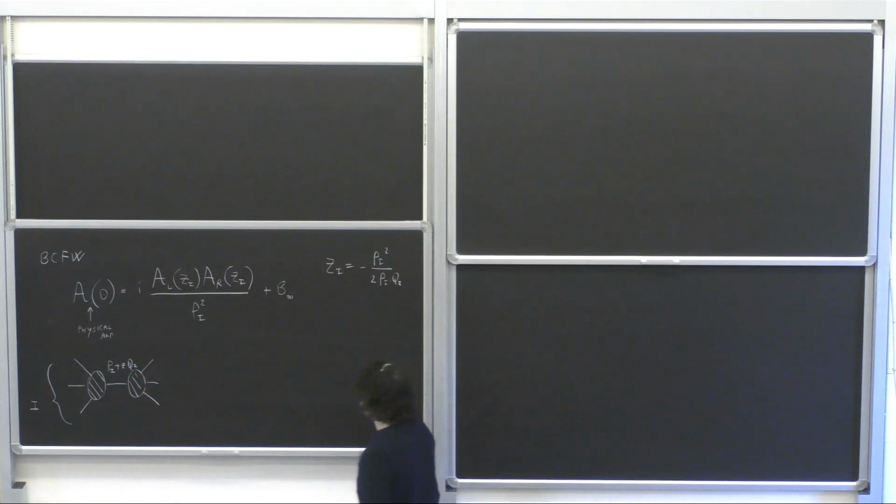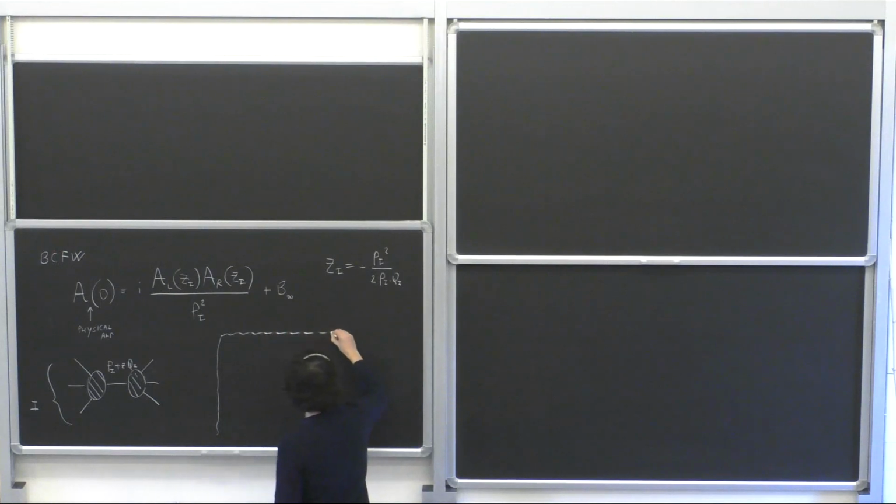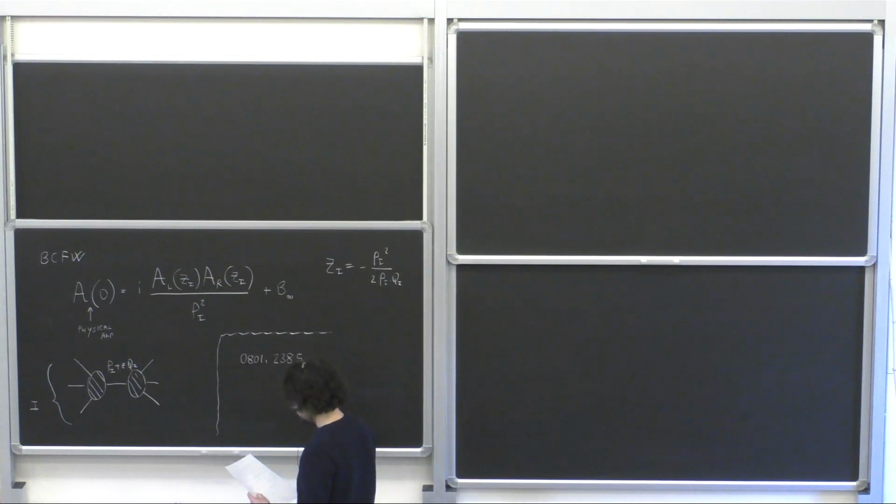And in this respect, I would like to give a simplified argument coming from one paper, which you can read if you want to have a full treatment of this issue.